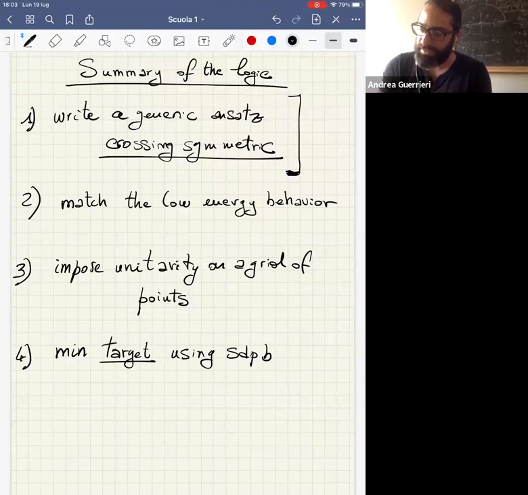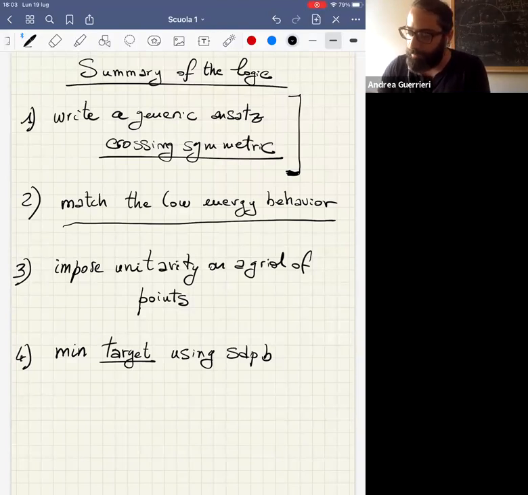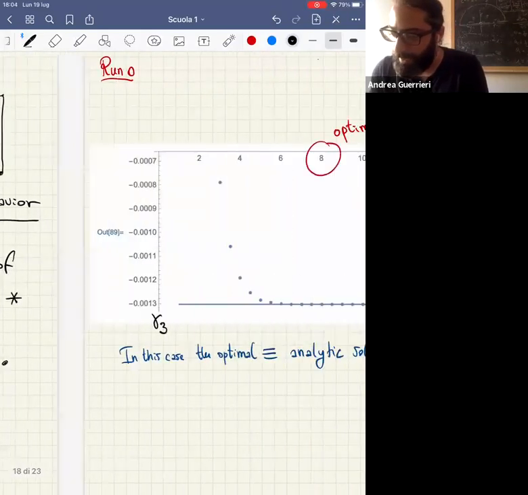We match with the low energy behavior, as in this case we are studying the scattering of Goldstone particles. Then we impose unitarity on a grid of points, and we minimize our target using SDPB. So this is the whole logic of this code.